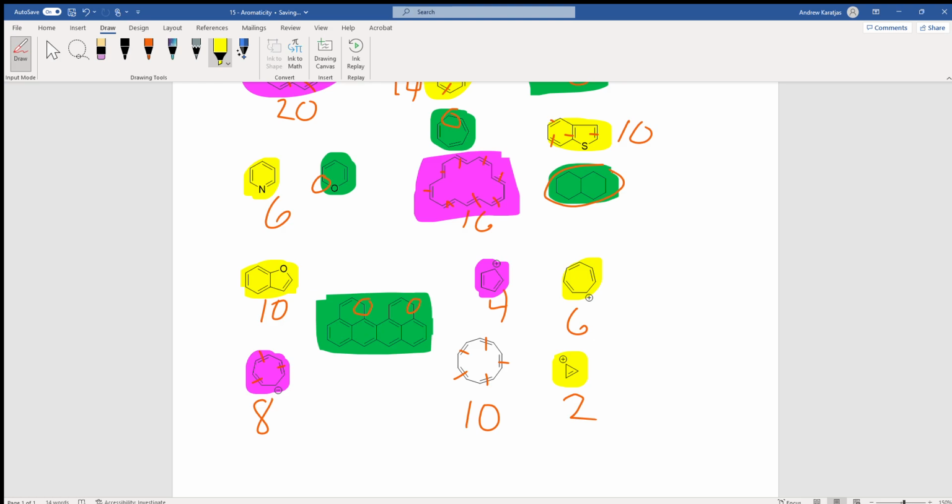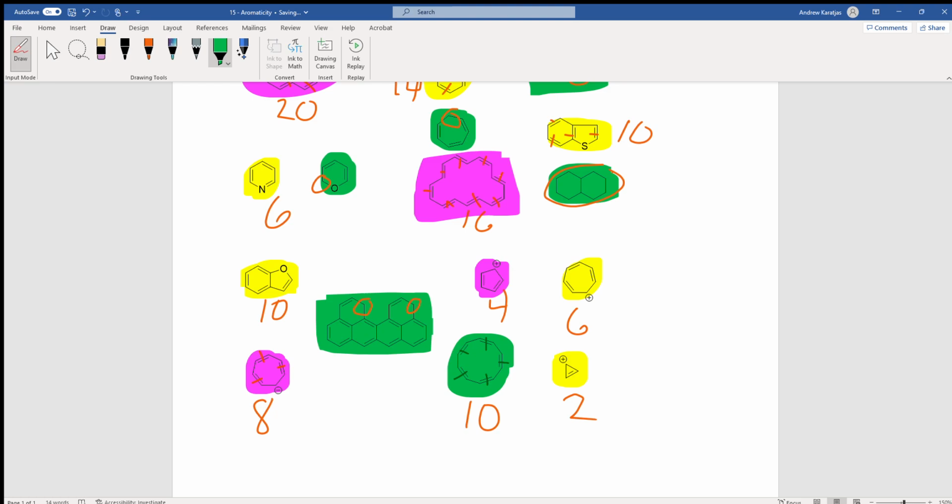Now, we've got one compound left, this 10-membered ring containing 10 electrons. And looking at that structure, we probably think that that one's aromatic. But hopefully you recall from class that this is one of the weird exceptions.